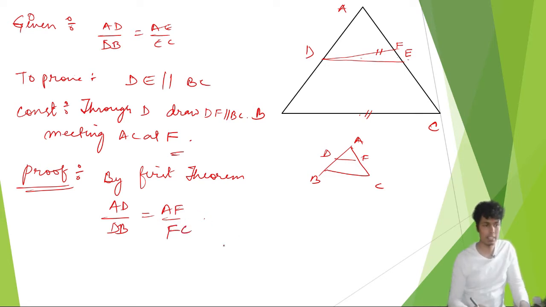Clear, right? Now another thing is given in the question. What the question says to us is AD by DB is equal to AE by EC.